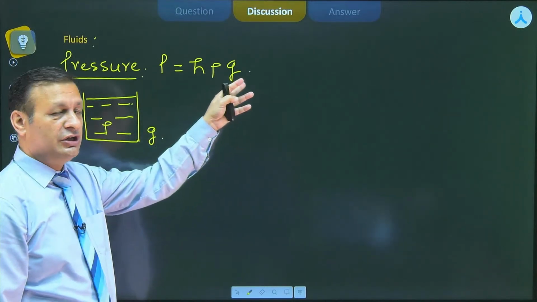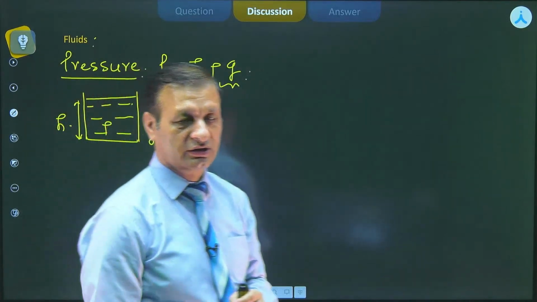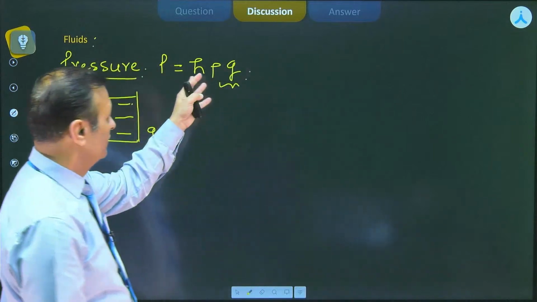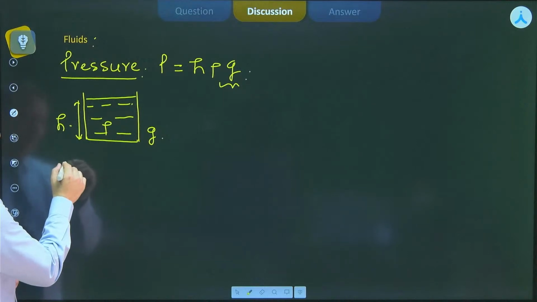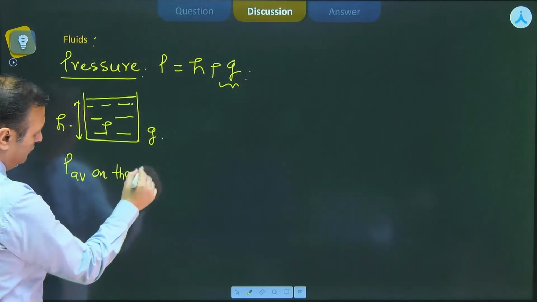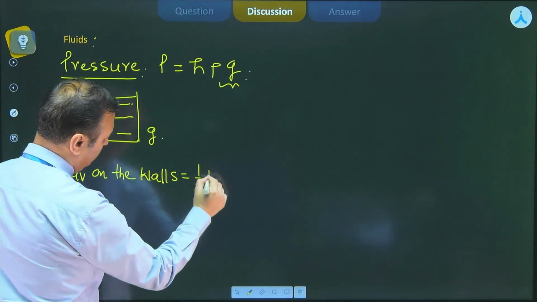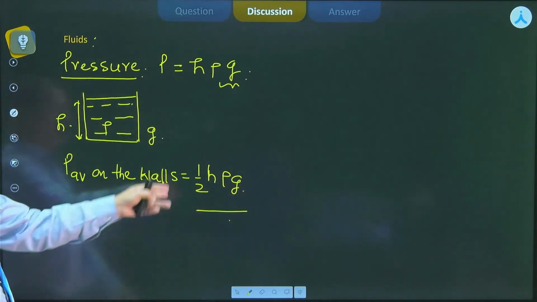If you change anything in this concept, then definitely pressure would be different, and this is how we define pressure exerted. But if you have average pressure on the walls of the container, this is half of h rho g. So there is a difference.